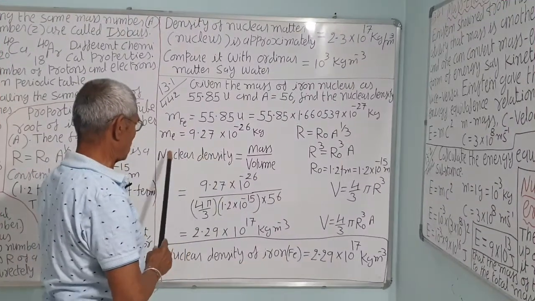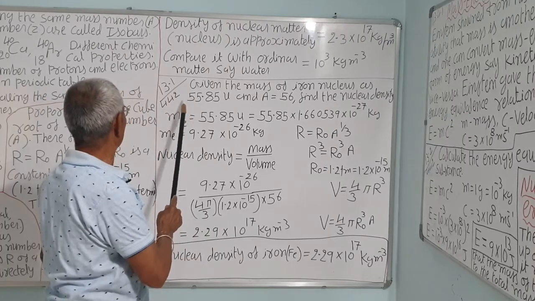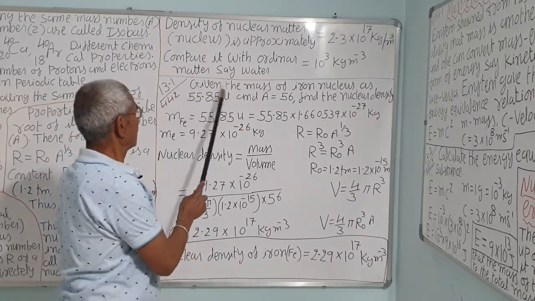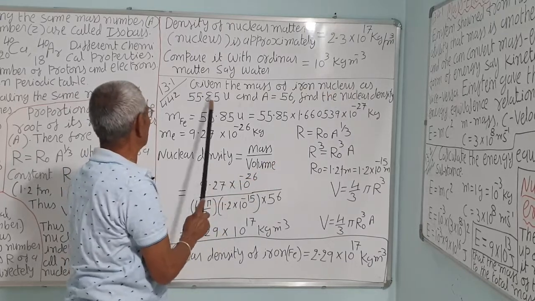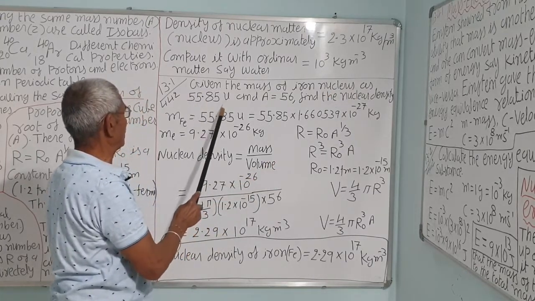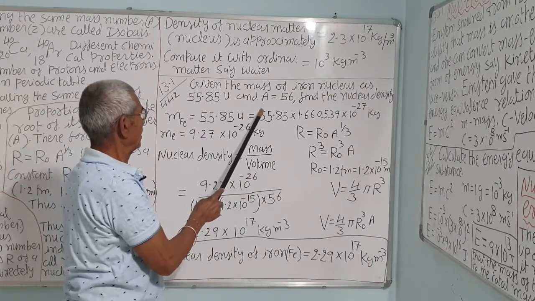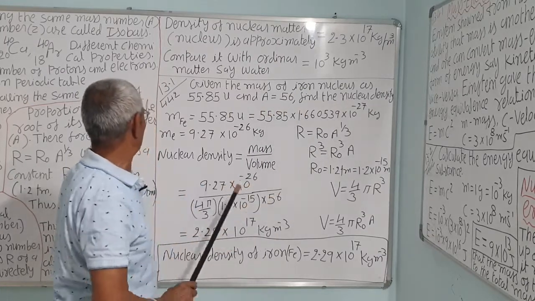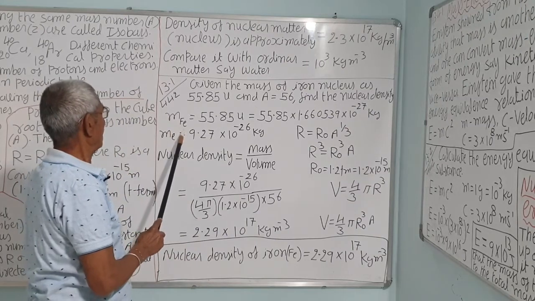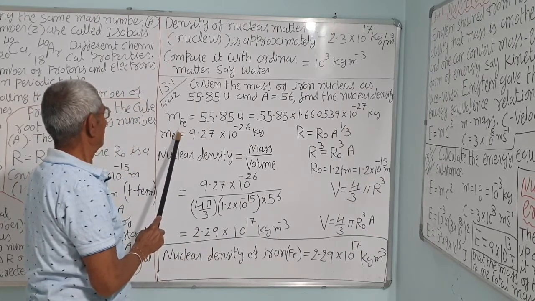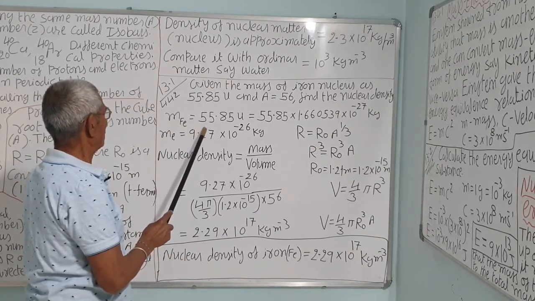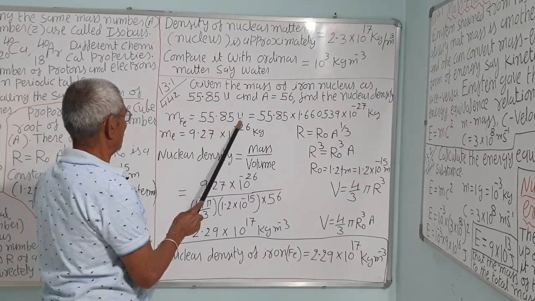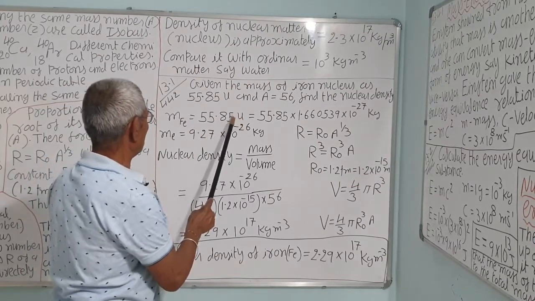Now let us see the example to calculate the density. Example 13.1 on page number 442. Given the mass of iron nucleus as 55.85 atomic mass unit u and atomic mass number is 56, find the nuclear density. So the mass of the iron nucleus is 55.85 u, that is atomic mass unit.